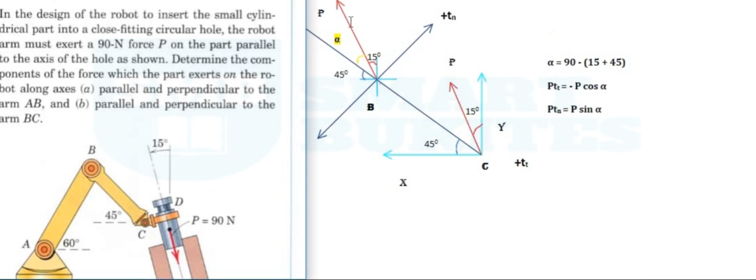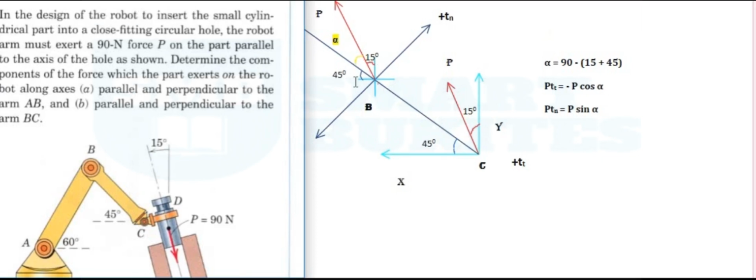Anyway, to calculate the P component on this axis, we need an angle which is either the angle between P and the TT axis or the angle between P and the TN axis. How about finding the angle between P and the TT axis? To do that, we know we already have 45 degrees here and 15 degrees here. To find this angle alpha, we can subtract 45 degrees and 15 degrees from 90 degrees, which is a right angle on this axis here.